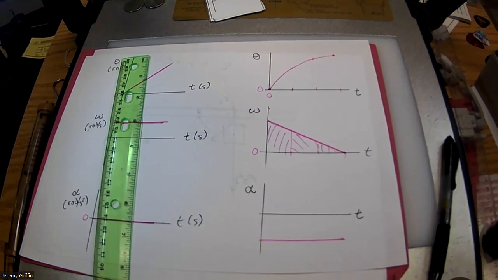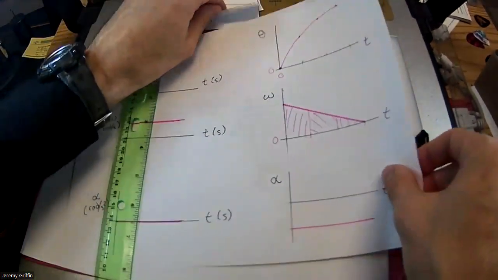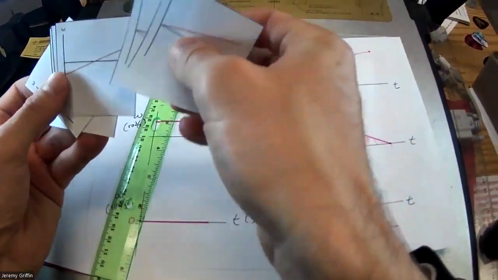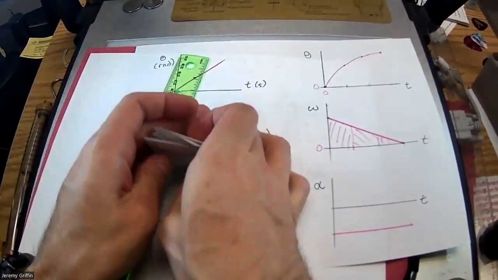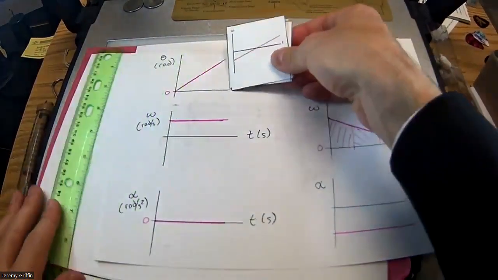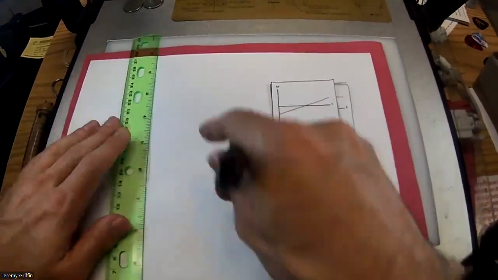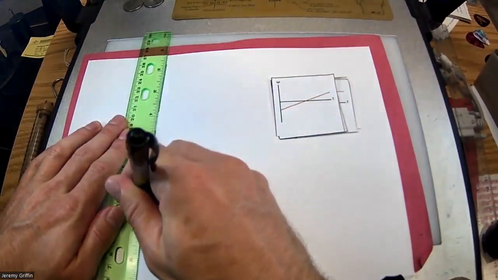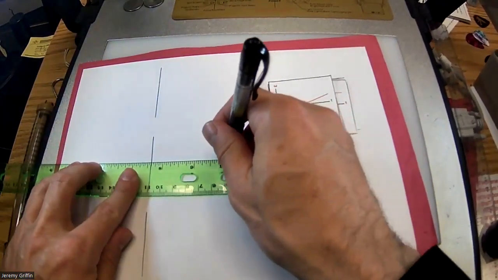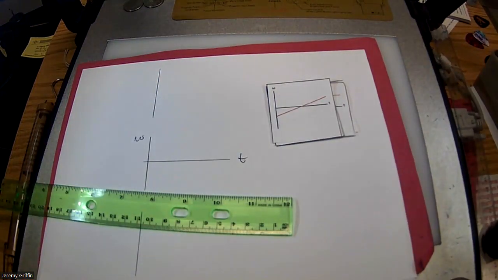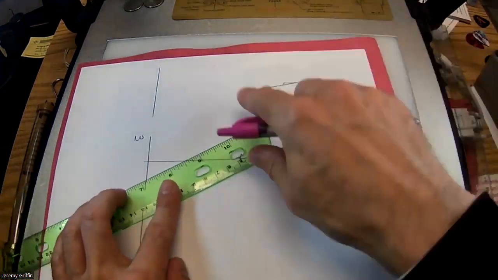All right, let's try the stuff we've got here. Try to find a tricky one. Here's the last one we do today. Let's try this guy. I'll walk through it with you. We've got an omega versus t that bends up.